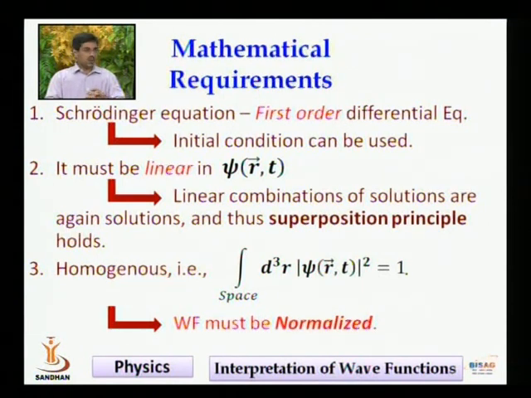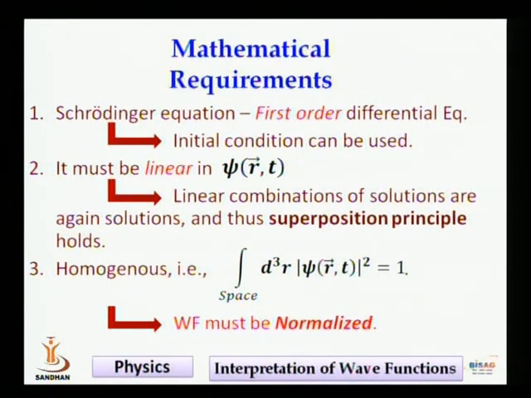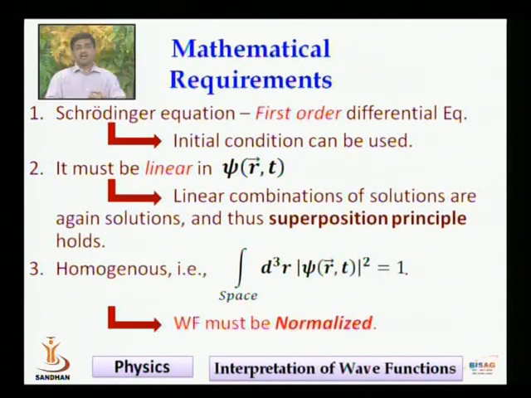Second mathematical property which we seek in the Schrödinger equation is that it should be linear. Linearity means we will be able to make a linear combination of such wave functions. Let us say that some system is described by many wave functions, psi 1, psi 2, psi 3, psi 4.